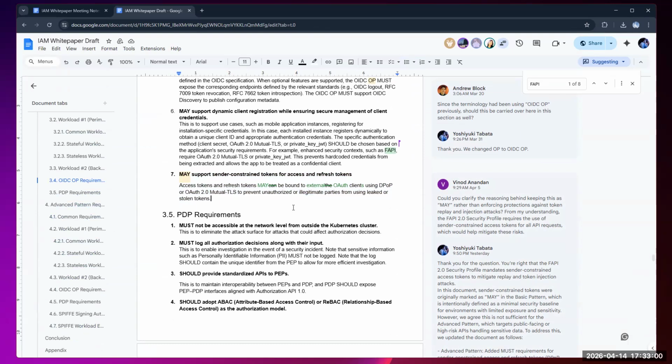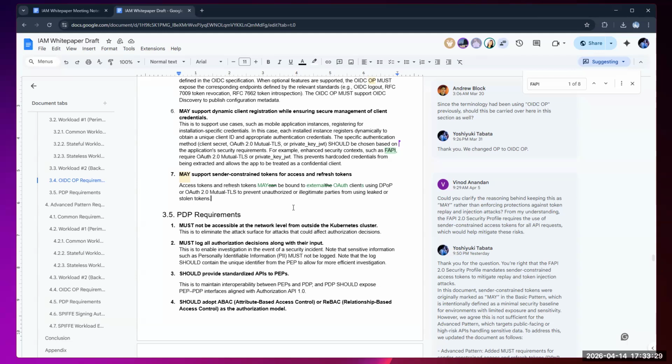But currently, sender constraint token is required by not only FAPI but also RFC 9700, that's for security best current practices. So this is not a very hard requirement, I think.